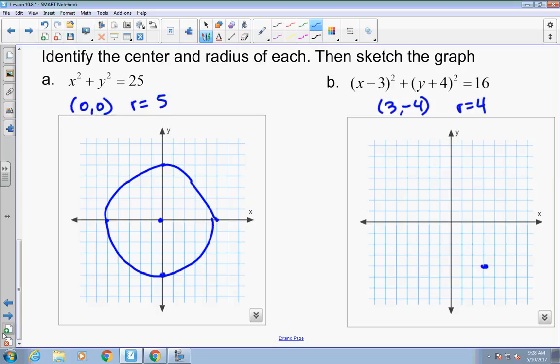There's my center. And then from that point, I've got to go 4 in every vertical and horizontal direction. So 1, 2, 3, 4 in each direction. Yeah, that was pretty good, huh? That's way better than that one.